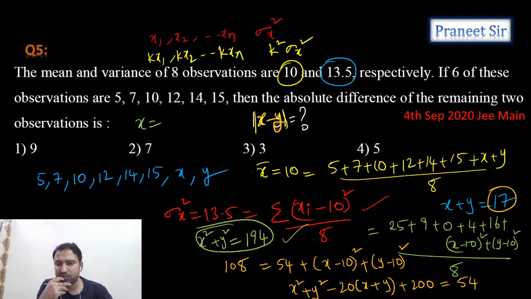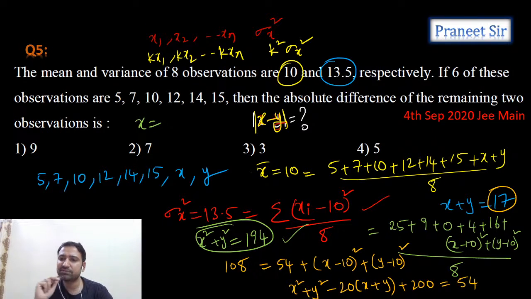Maybe 12, 5, no. 12, 5, 13, 4. 14, 3. C is the answer.